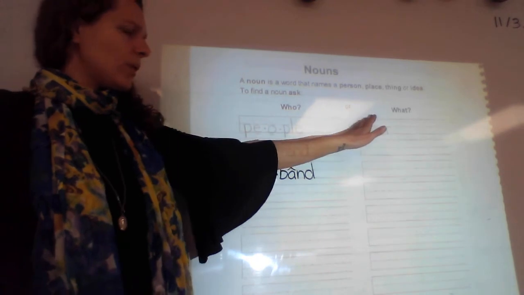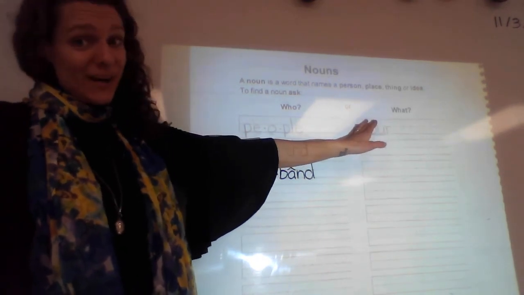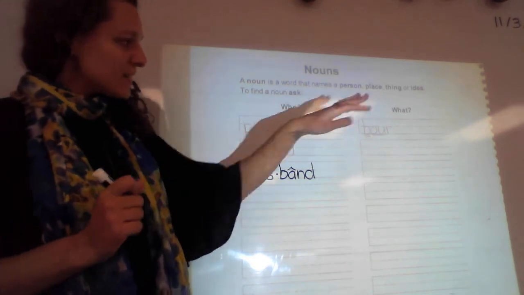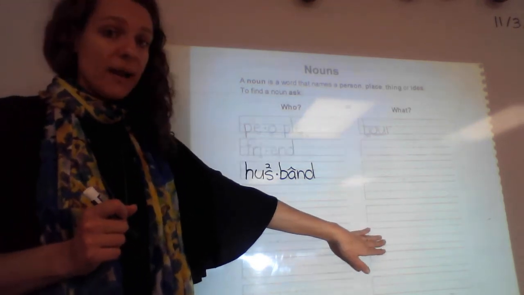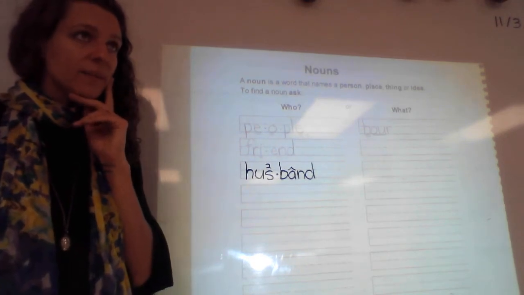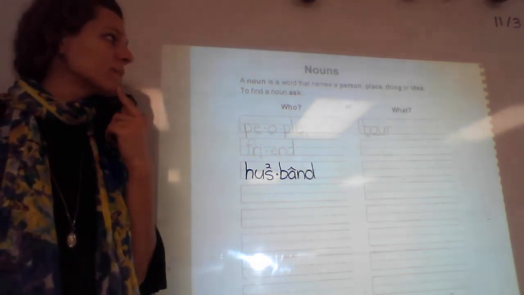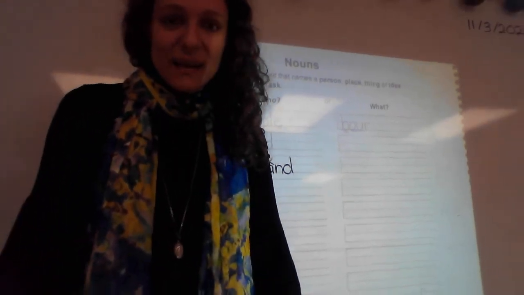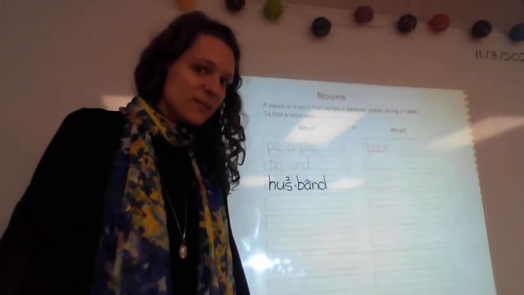Is a book a who or a what? A what, of course, because it's not a person. So on our first free line in our what column, we're going to write book. Which vowel do we use in book? Good. U, and which k? Good. Line letter k. So write book. Say the sounds while you write them.